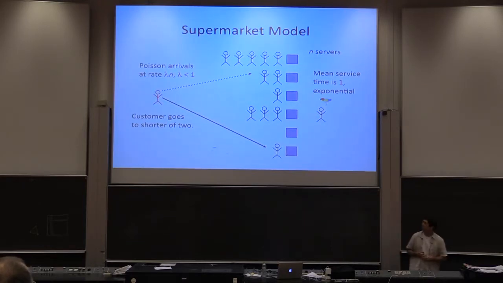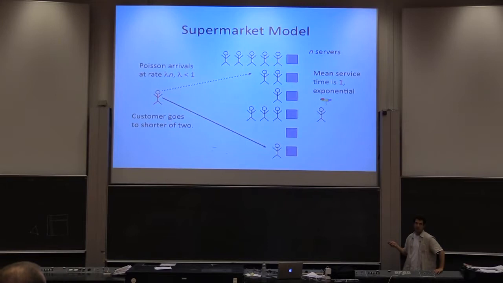One is what we call a supermarket model. This is more of a load balancing version, where this model is taken from queuing theory. We think of arrivals as coming in as a Poisson process. That just means that the arrival times are exponentially distributed.